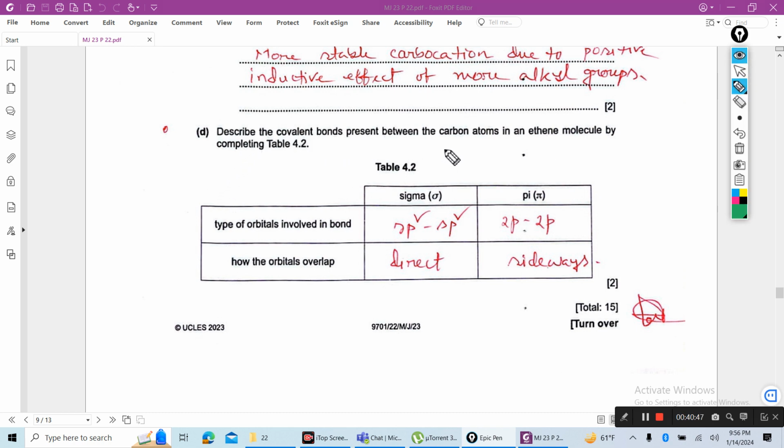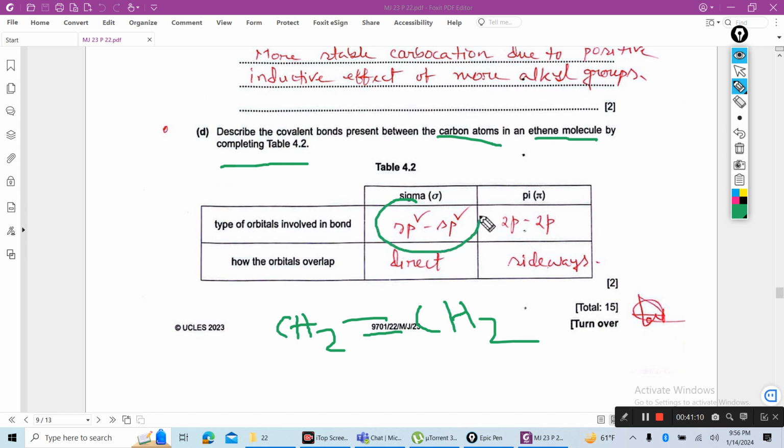Describe the covalent bond present between carbon atoms in an ethene molecule. Ethene, CH2 double bond CH2. So sigma bond and pi bond, in the double bond. sp2 hybridization, the type of orbitals involved: sp2 in the double bond always, and the pi bond, 2p orbital.